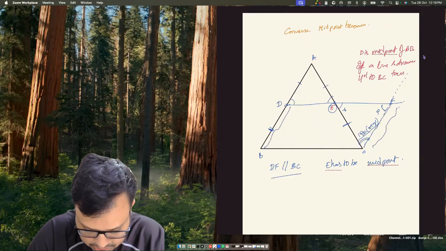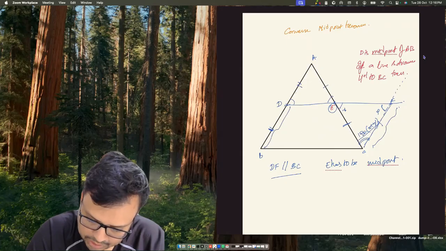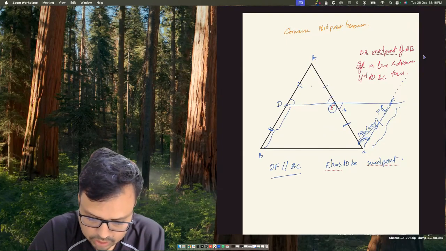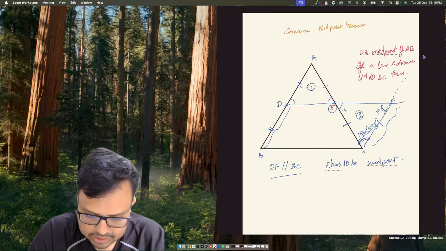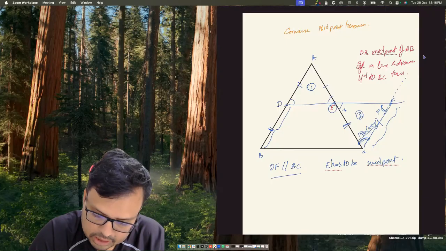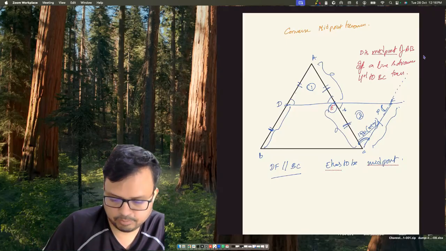Because BD is the same as CF, this particular side is the same, this angle is the same, and the included angles, these two angles, are the same. So we can say triangle 1 is congruent to triangle 2. Because the triangles are congruent, it has to follow that this particular side has to be the same as the other side. AE has to be the same as EC.